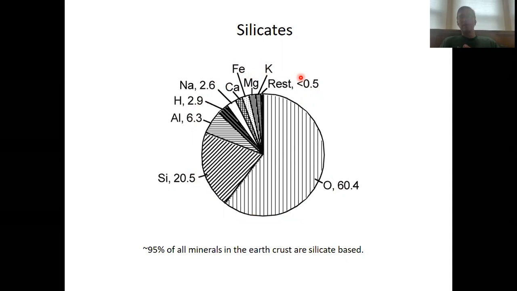So all other elements make up less than 0.5%. Overall, 95% of all minerals in the Earth's crust are silicate based. So the abundance of silicates in the Earth's crust is one important reason to study them. We are virtually surrounded by silicates every day, and we are virtually walking on silicates every day.